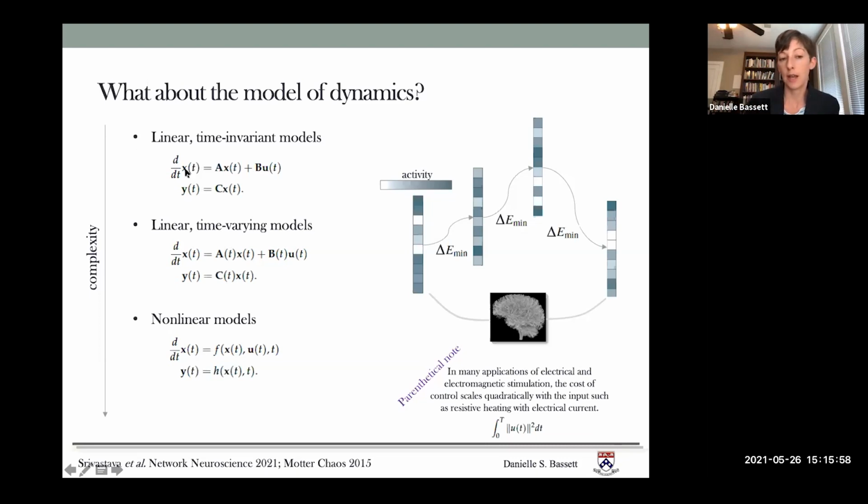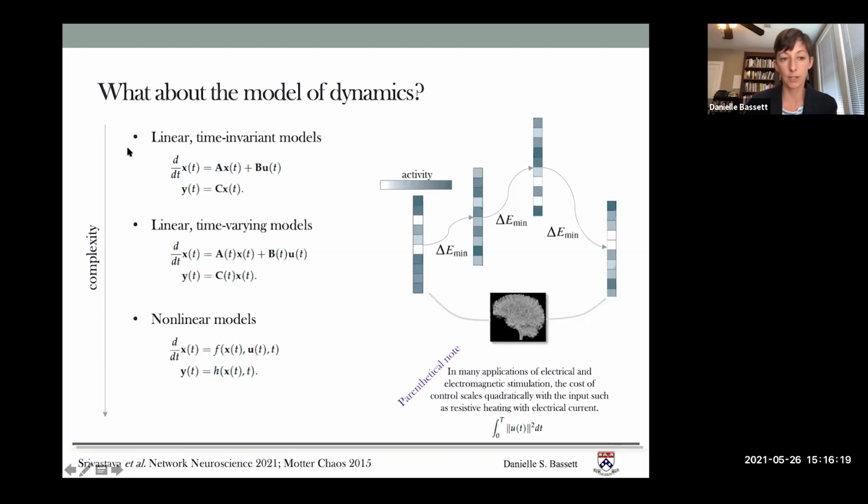That tells you about the state x, but in case you don't measure x, you actually measure y, then you write down a function from which you can gather y from x. So this is the simplest version of the model. You can also extend that to linear time-varying models, where now A is not a static matrix, it's a time-dependent matrix.